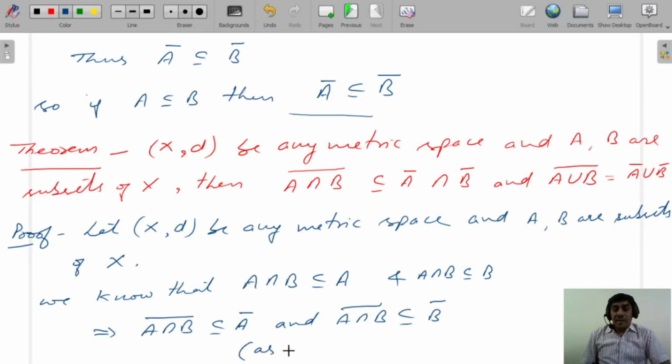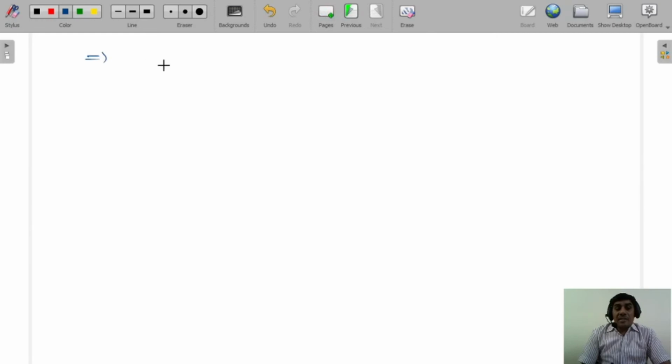As A is contained in B, then A closure is contained in B closure. This implies closure of A intersection B is contained in A closure intersection B closure.